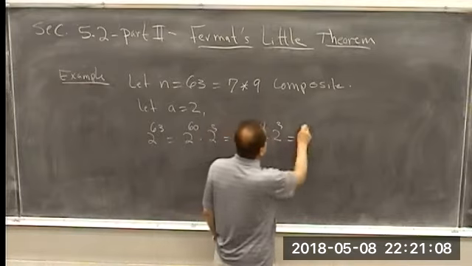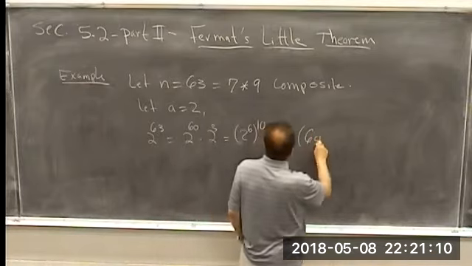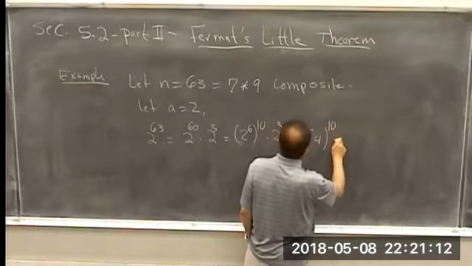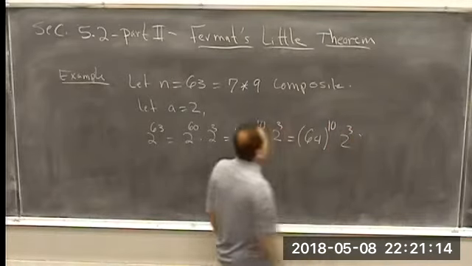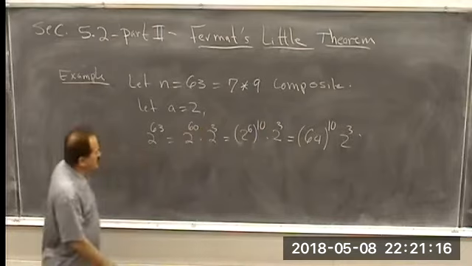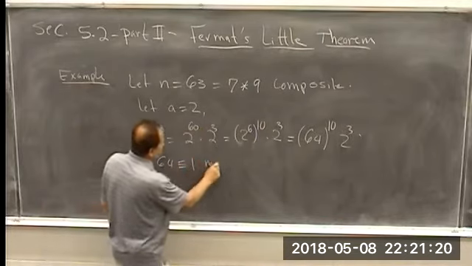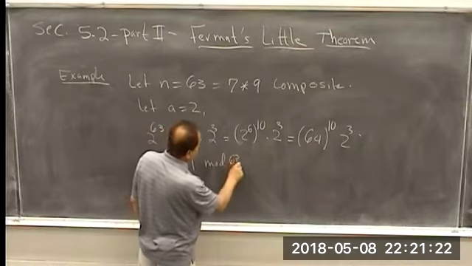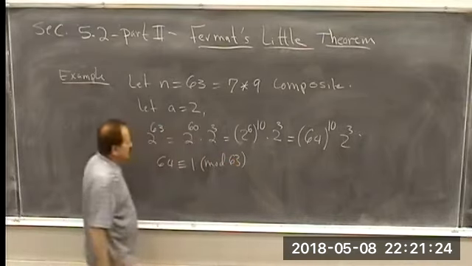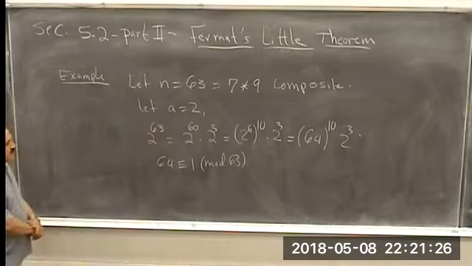And 2 to the 6 is 64, so we have 64 to the 10 times 2 to the third. Now, 64 is congruent to 1 mod 63, because if you subtract 1 from 64, you get 63, which is divisible by 63.